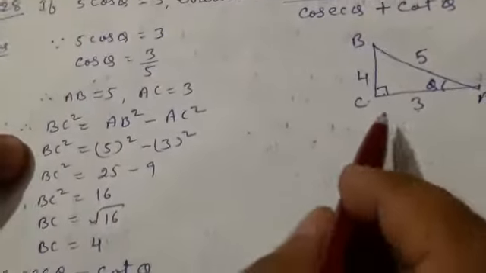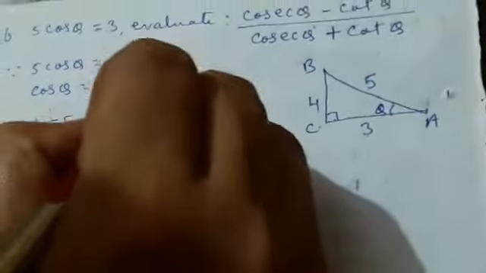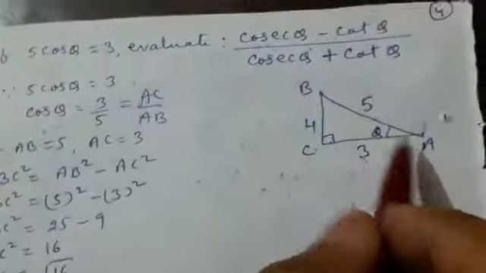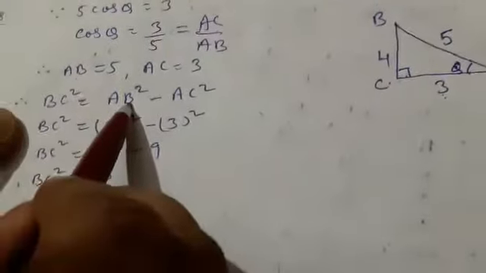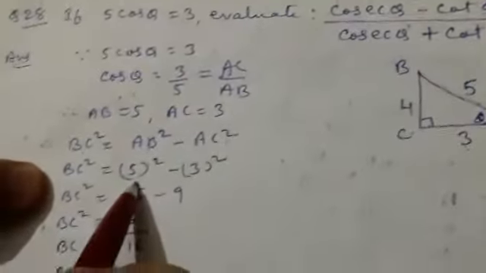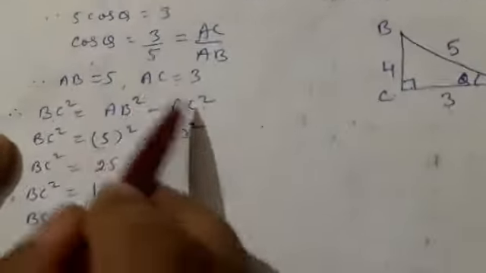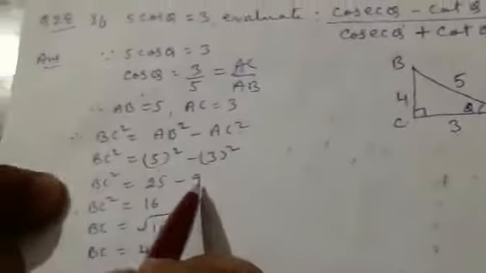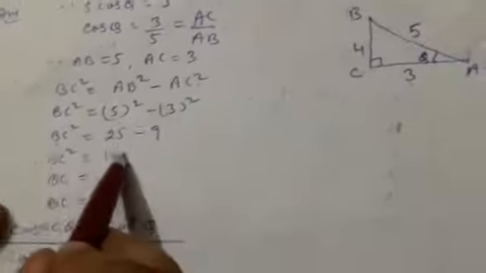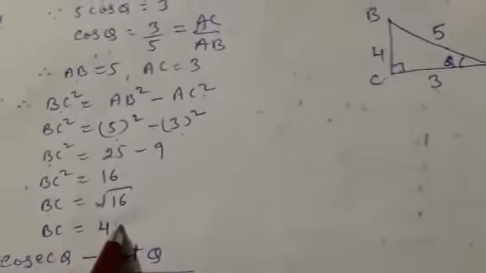BC square is equal to AB square minus AC square. So BC square is equal to 5 whole square minus 3 whole square. So BC square is equal to 25 minus 9, so BC square is equal to 16. So BC is equal to root over 16, so BC is equal to 4.